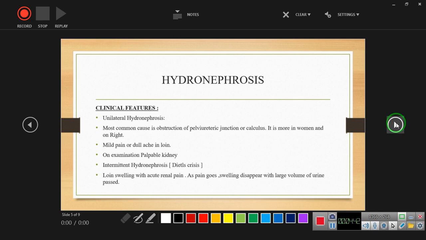That means there is hydronephrosis, there is pain, and it is palpable. And when the patient passes large volumes of urine, the pain also goes, and the swelling also. This is called intermittent hydronephrosis.